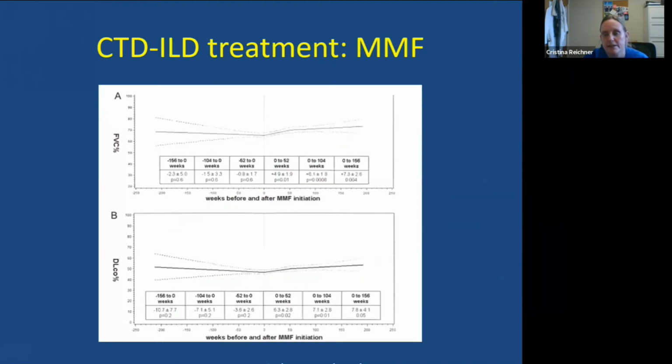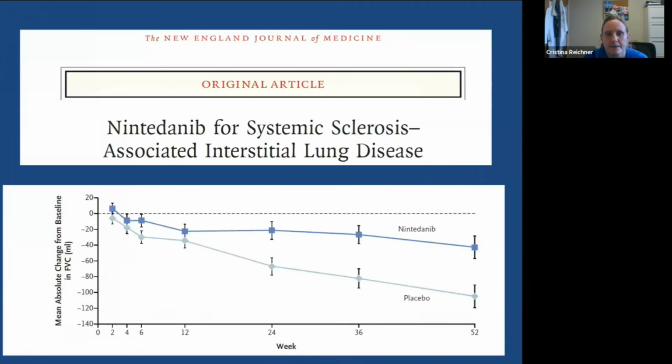So usually these patients will start with a steroid, so prednisone, but we'd like to give them a steroid sparing agent to decrease the side effects from prednisone, and that's where we may choose mycophenolate or any of the others that I pointed out. Now, in the last couple of years, as you can imagine, these antifibrotic drugs, which were approved for IPF, have been looked at for other diseases that they might help.